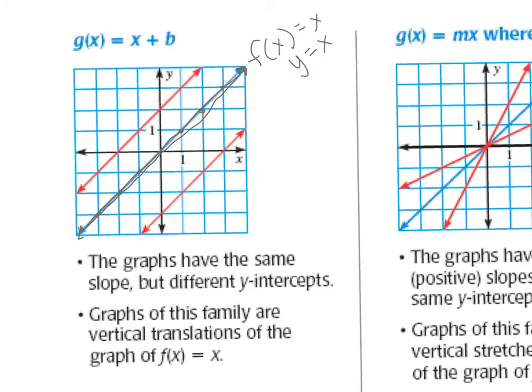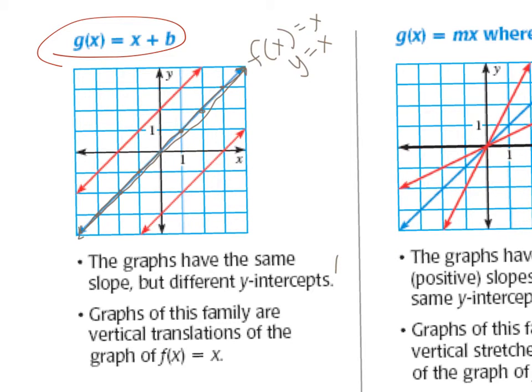But then, not all of our equations are going to be like that. Some of them are going to look like this equation here, g of x equals x plus b, and b is just representing a different number.